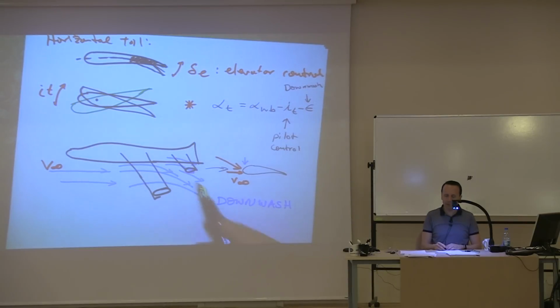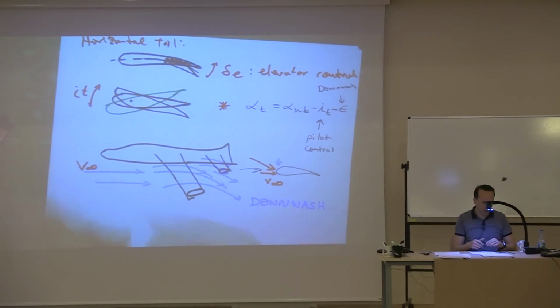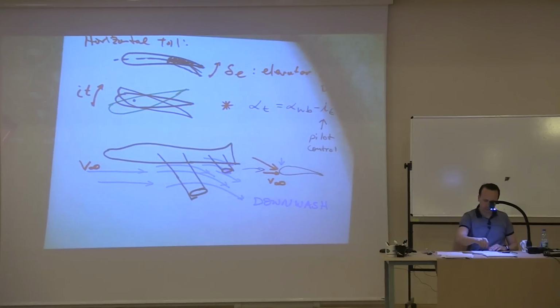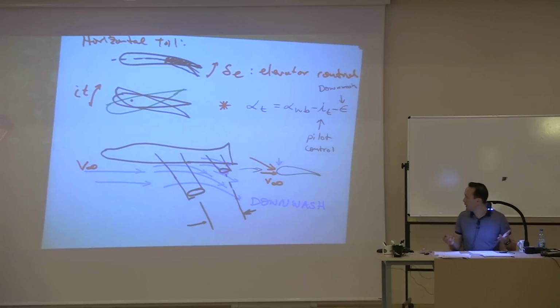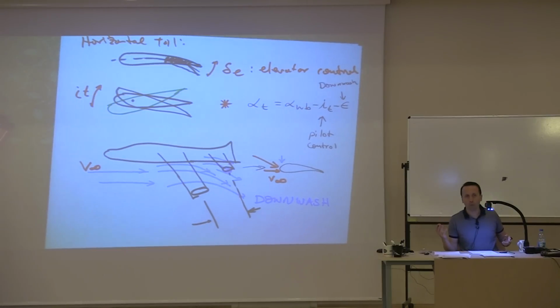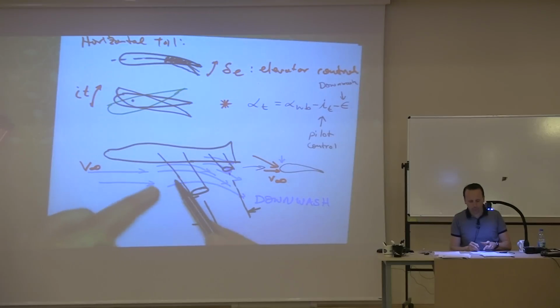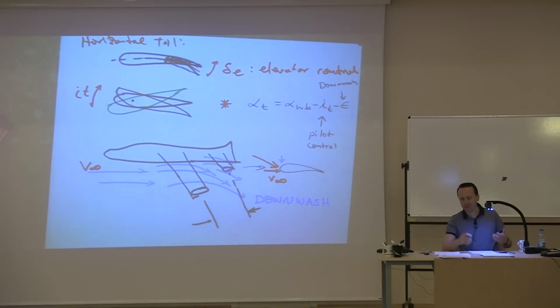Now you might claim that if the distance here is too large, then the downwash might in fact be equal to 0, because there's no effect from the wing on the horizontal tail. But often, even if there's a small effect, there is an effect. So we are just trying to put that in. I showed you some pictures a few weeks ago where the horizontal tail is kind of at the top of the wing so that it's not affecting the downwash.